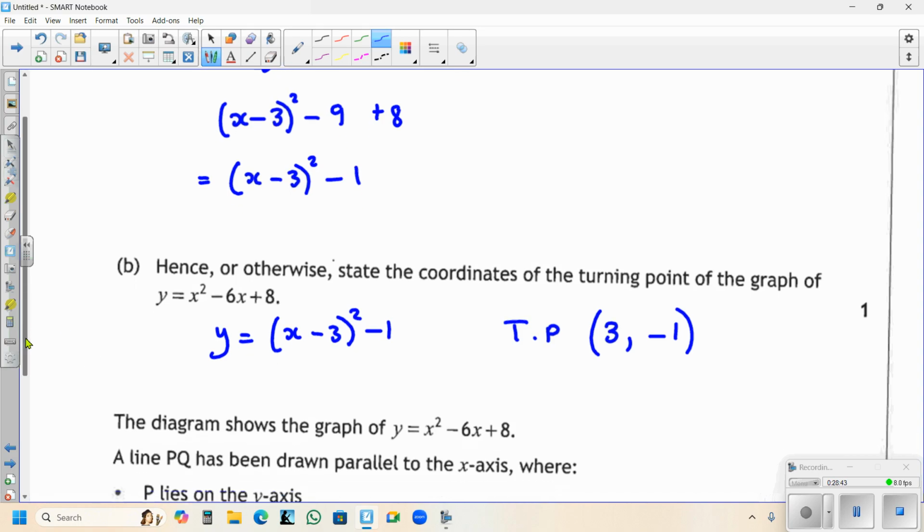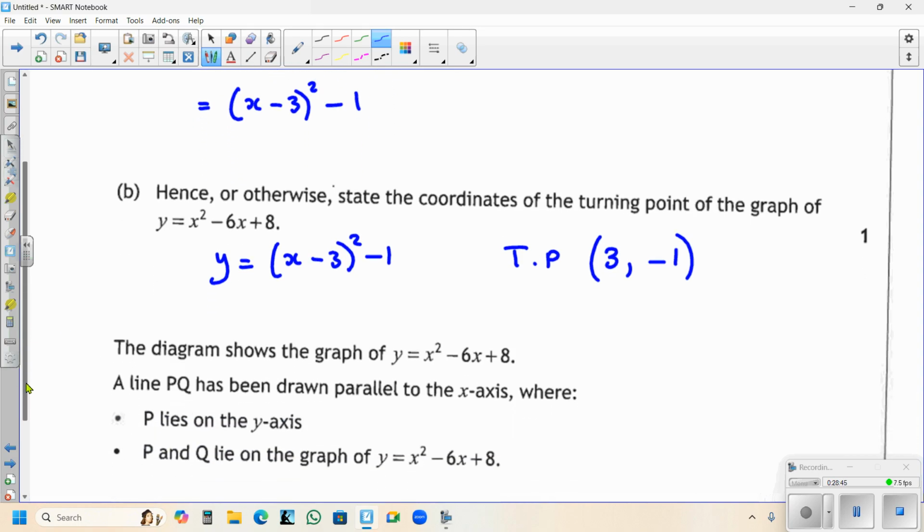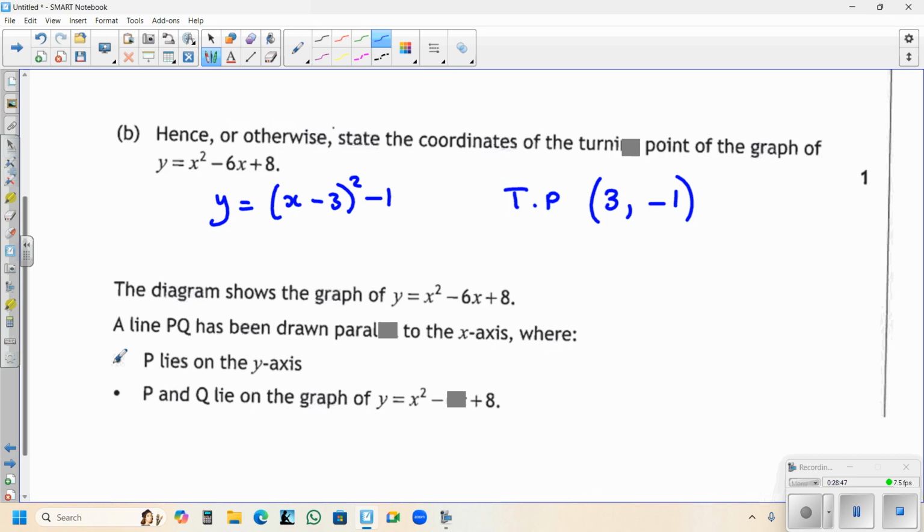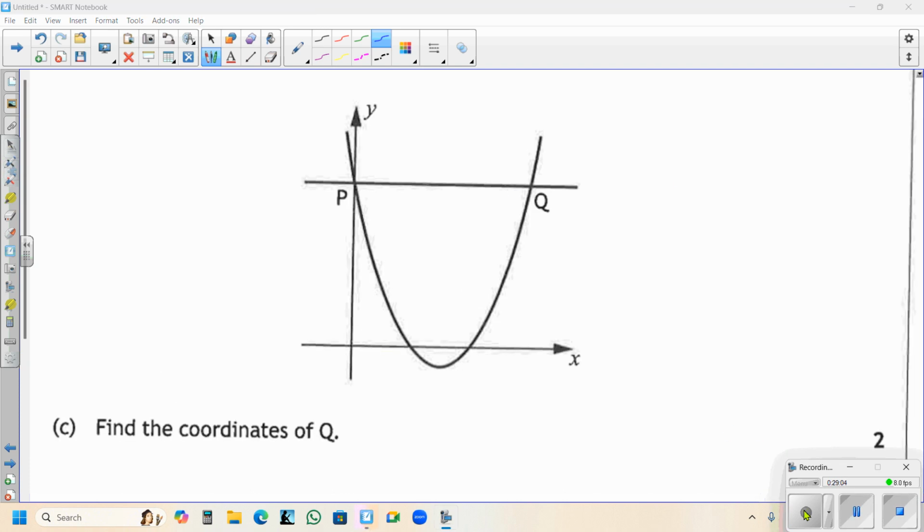Now, usually you've got another wee bit of a question to answer on this one. So it says the diagram shows the graph y is equal to x squared minus 6x plus 8. A line PQ has been drawn parallel to the x-axis, where P lies on the y-axis, P and Q lie on the graph of x squared minus 6x plus 8. So there is a graph. What do we know?